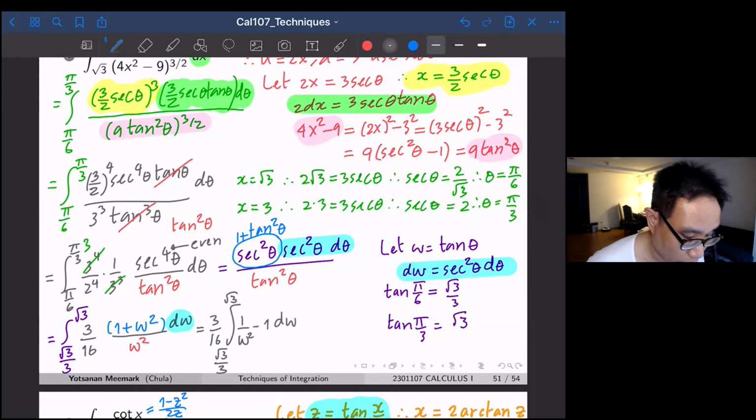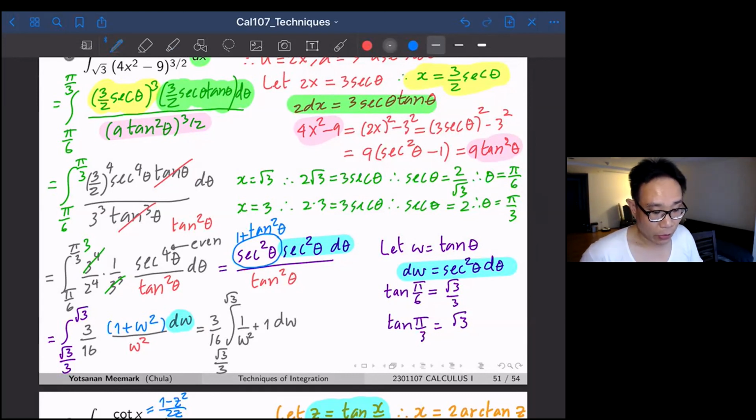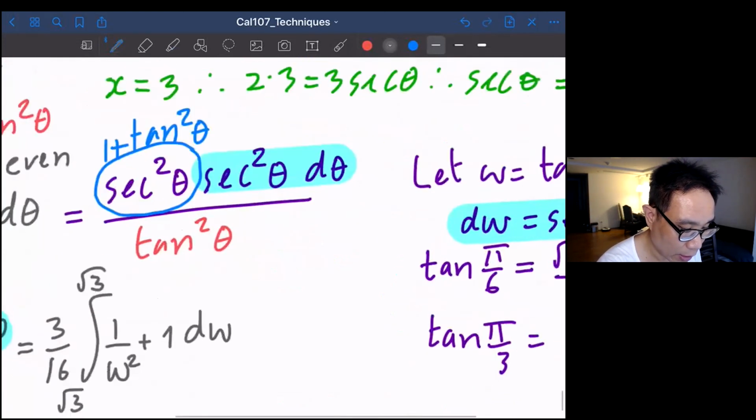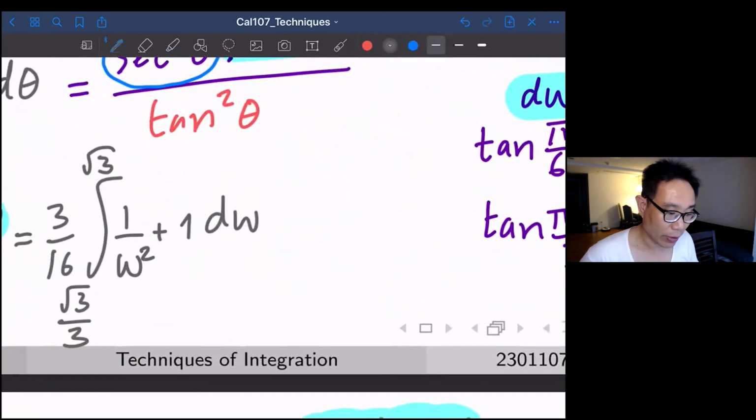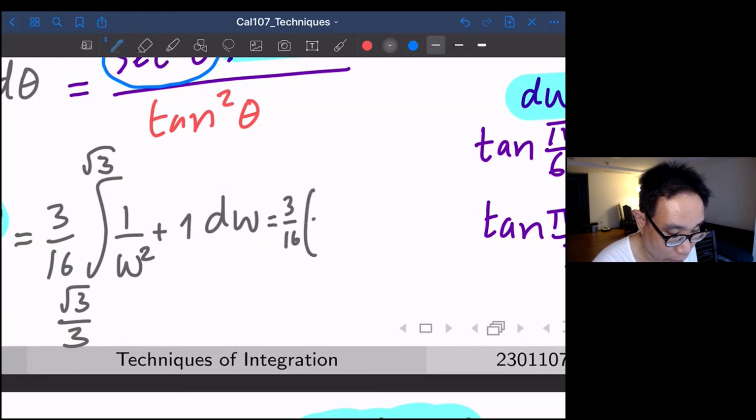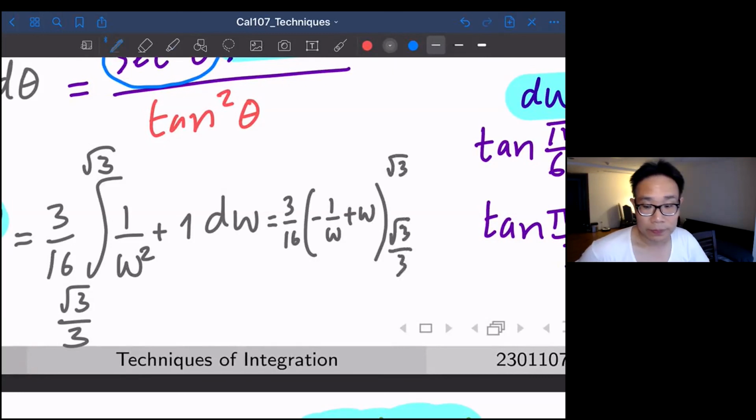Sorry, it's plus, not minus, and you're just going to have to integrate something simple. I'm going to use this space to integrate. So it's 3/16, I integrate this guy, so I get negative 1 over w plus w, and I plug in root 3 and root 3 over 3.